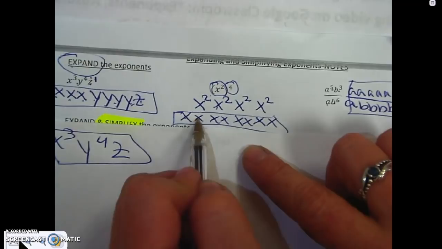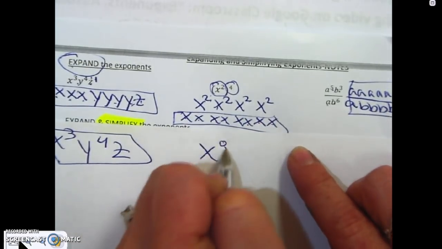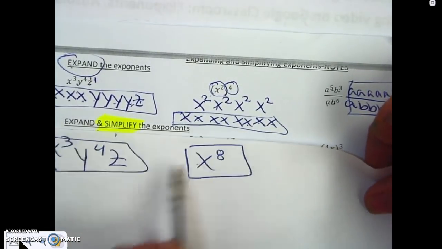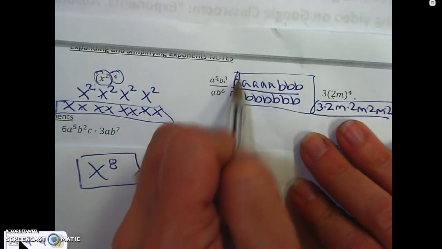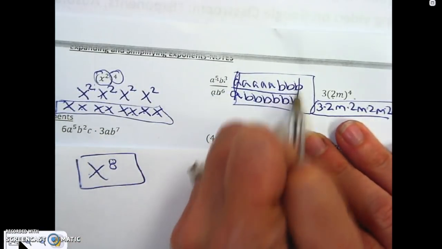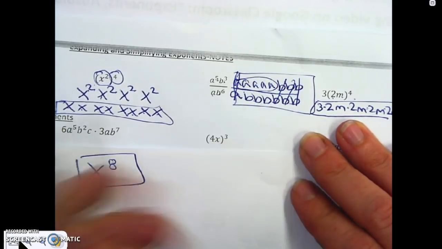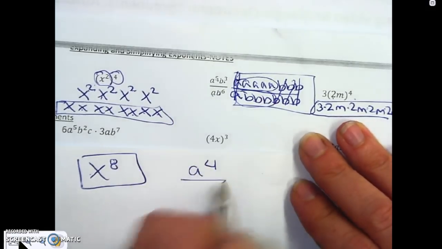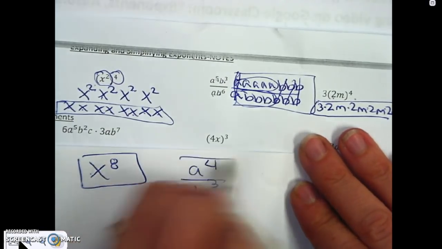This would be 1, 2, 3, 4, 5, 6, 7, 8. Simplify. If I go to this one, this would be gone, gone, gone, boom. A to the fourth, boom, b cubed. Simplify.